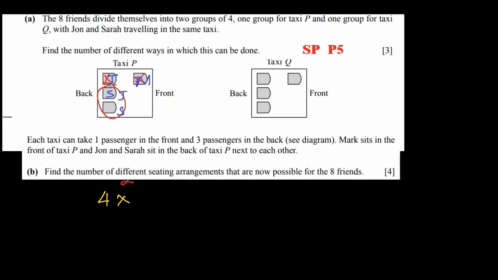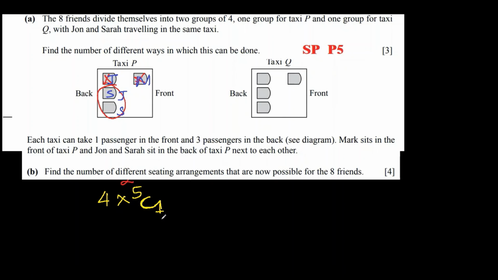Now there is 1 seat left in this when John and Sarah have taken their places. 1 seat is left in the back. For that we have to select 1 person from the remaining, how many? There are 8 people. John, Sarah and Mark are here, so remaining of 5 people. Out of those 5 people we have to select 1 person for the remaining seat.